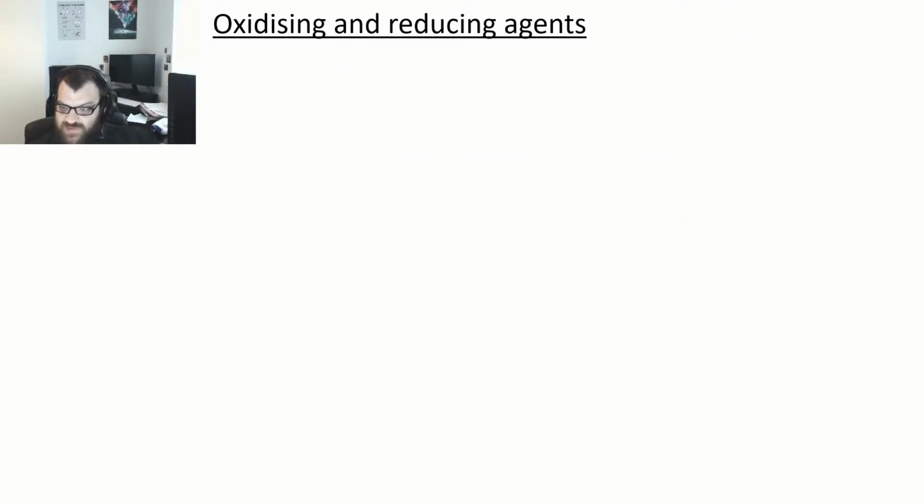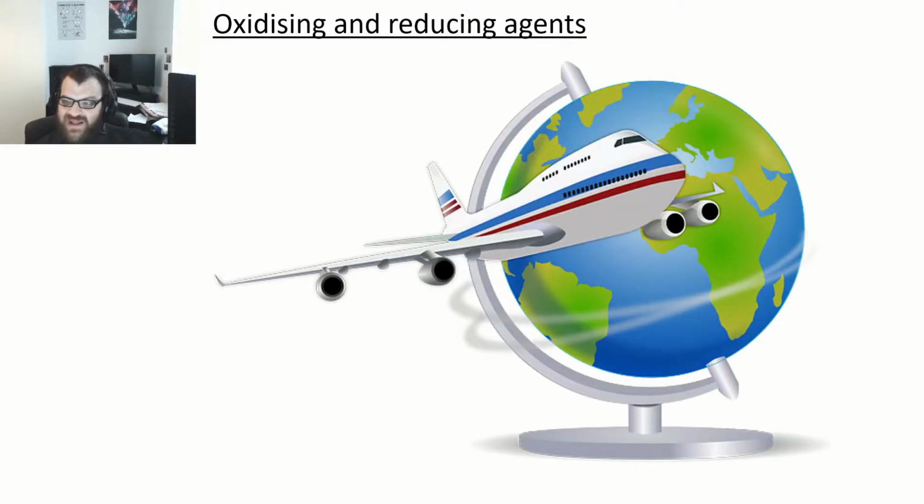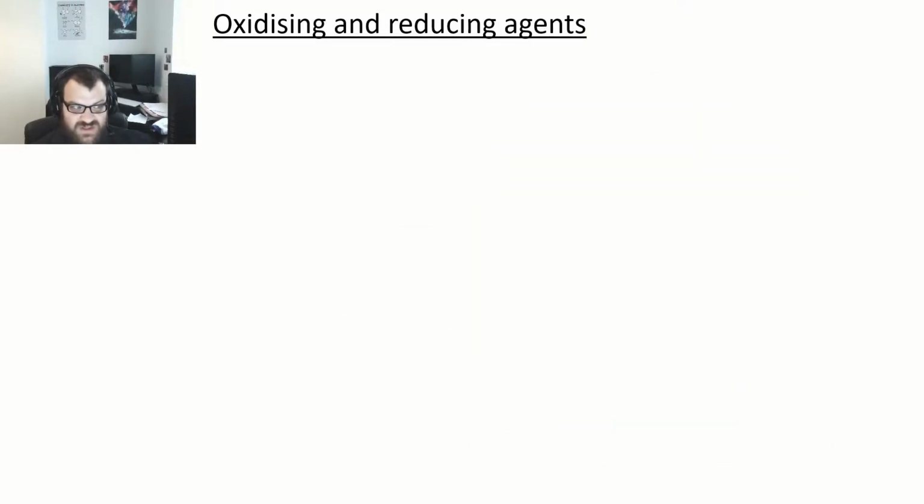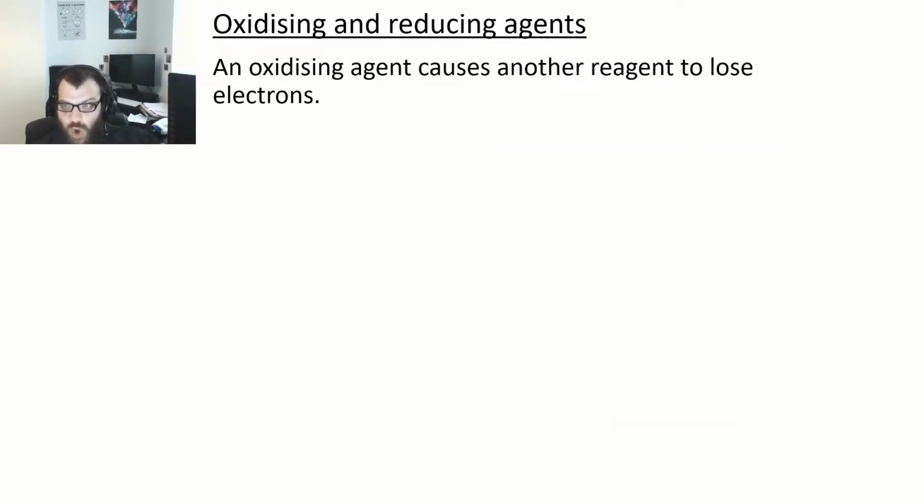The new part, as we're moving on to our Higher, is that we're talking about oxidizing and reducing agents. The way this was explained to me was thinking about travel agents. A travel agent's job is to help people go on holiday. They themselves don't go on the holiday that they are organising. It's similar with oxidizing and reducing agents. An oxidizing agent will cause another reagent to lose electrons.